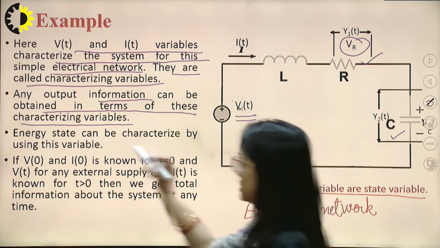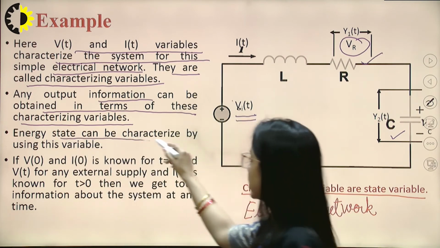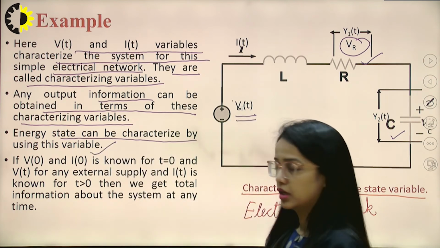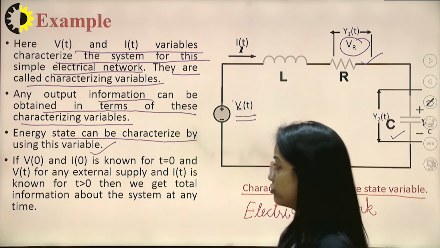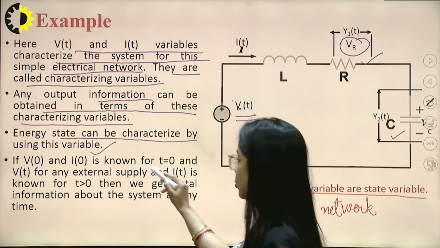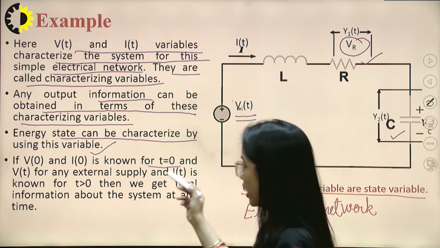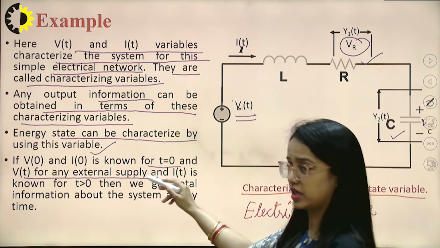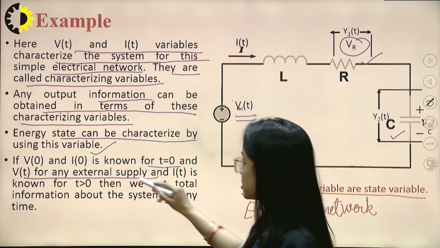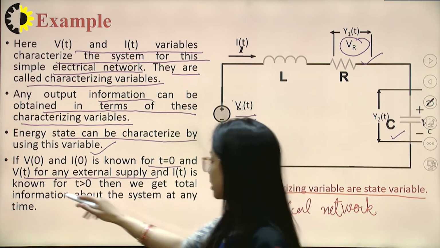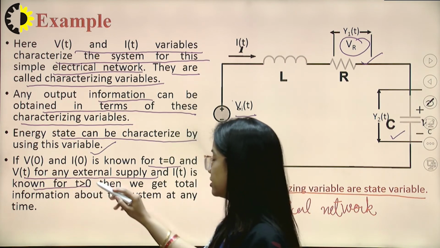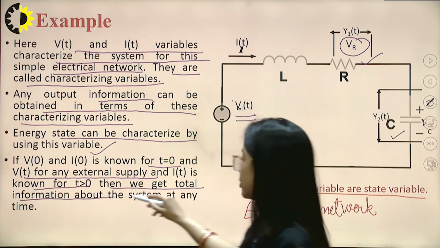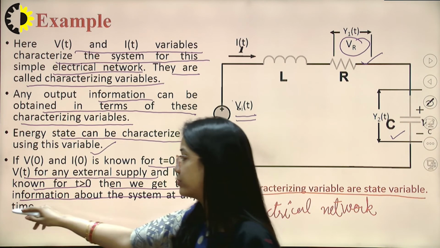Next, the energy state can be characterized by using this variable. Now, if V0 and I0 are known for t equals 0, and V of t for any particular time instant, the external supply, and I of t are known for t greater than 0, then we get total information about the system at any point of time.